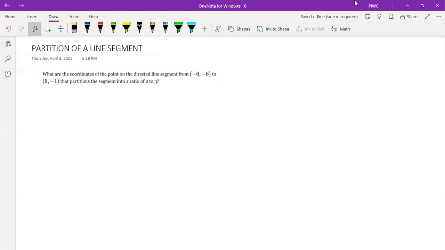So let's proceed. Now to partition a line segment from (-6, -6) to (9, -1) in the ratio 2 to 3, I'm going to use this formula.